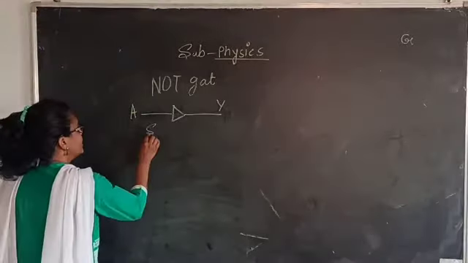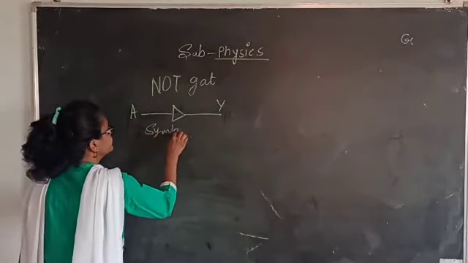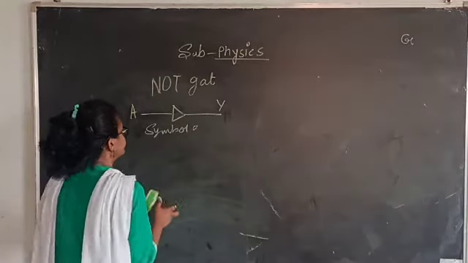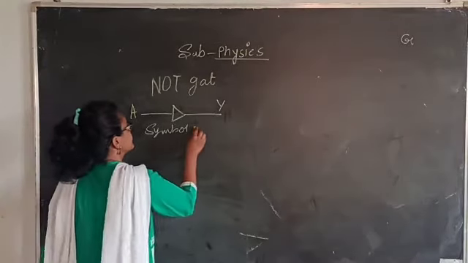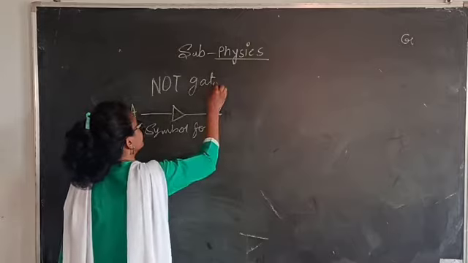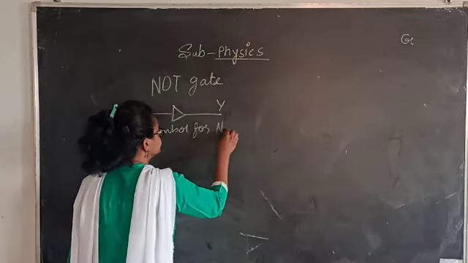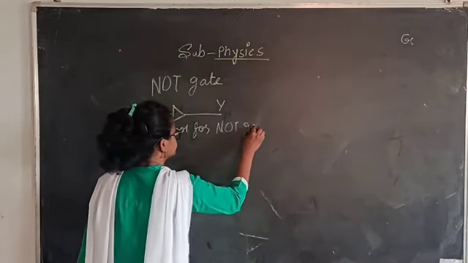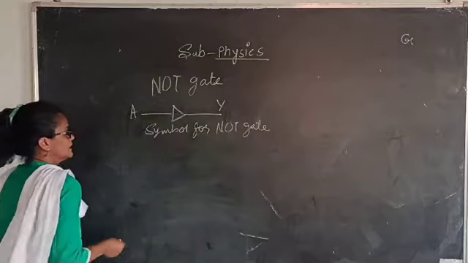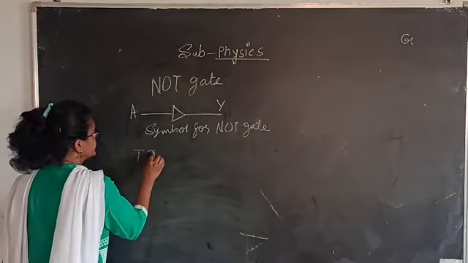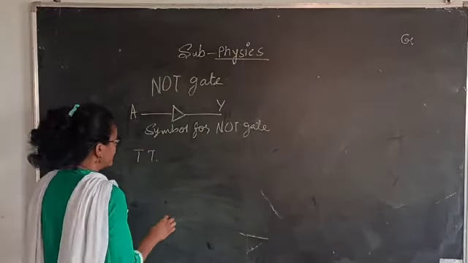This is the symbol for the NOT gate, and now we'll see the truth table for the NOT gate.